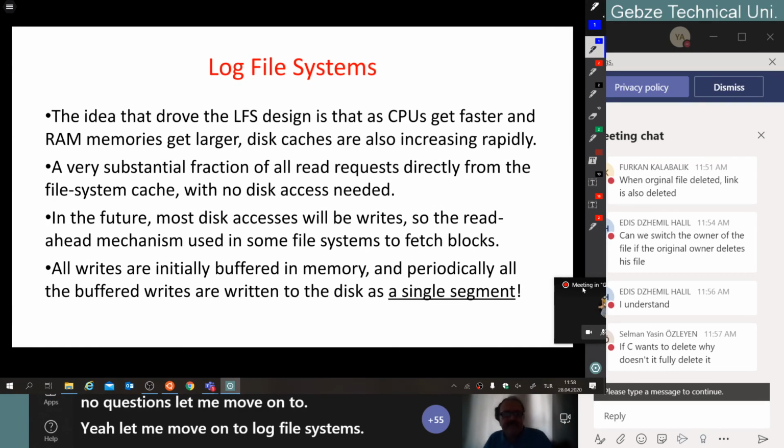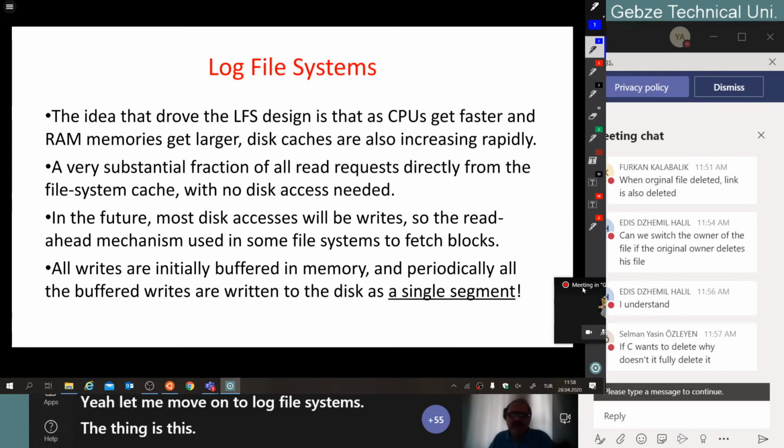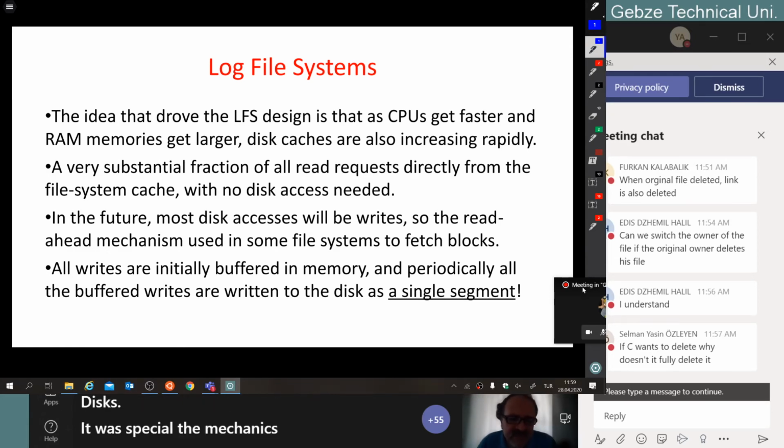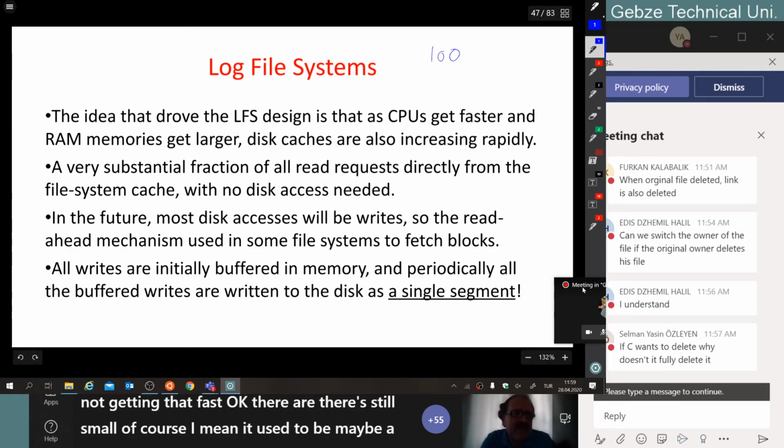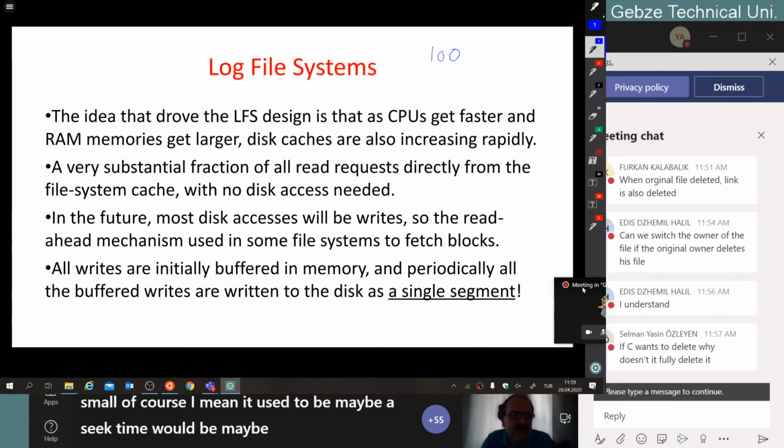The thing is this: our computers are getting faster and faster. CPUs are getting faster, memories are getting larger, but disks, especially the mechanical disks, are not getting that fast. They are still slow. I mean, a seek time used to be maybe 100 milliseconds 30 years ago.